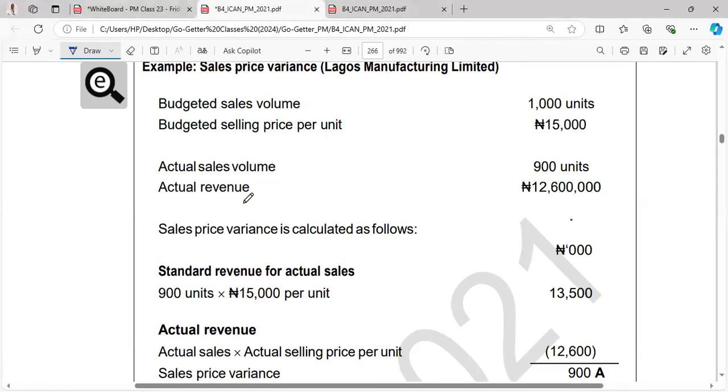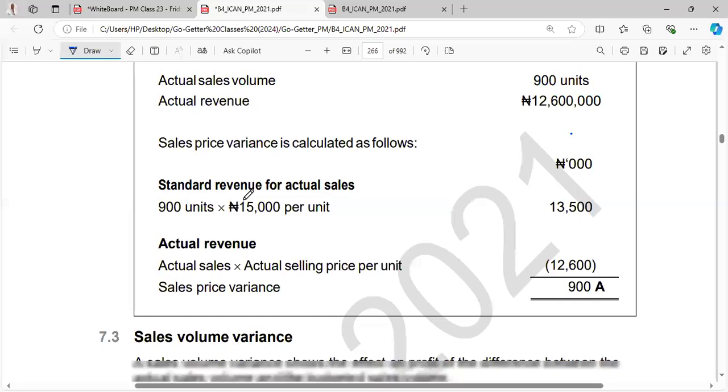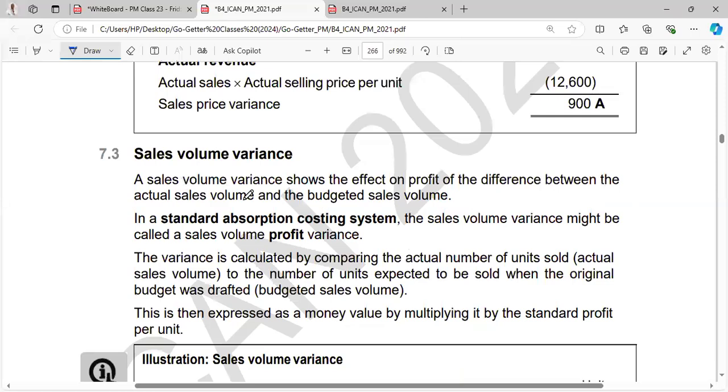So we'll now go to sales volume variance. The sales volume variance shows the effect on profit of the difference between the actual sales volume and the budgeted sales volume. Now, in a standard absorption cost system, the sales volume variance might be called a sales volume profit variance.